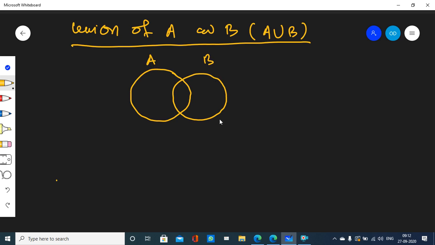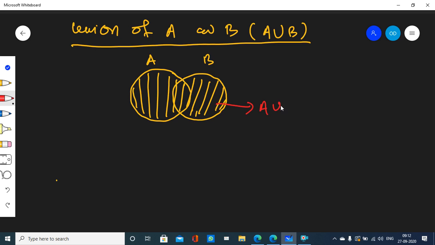A union B is a set that carries all the elements of set A and all the elements of set B. Right? Entire set A and set B, whatever the elements they carry, everything that is there inside set A and everything that is there inside set B, okay, they are elements of what? A union B.